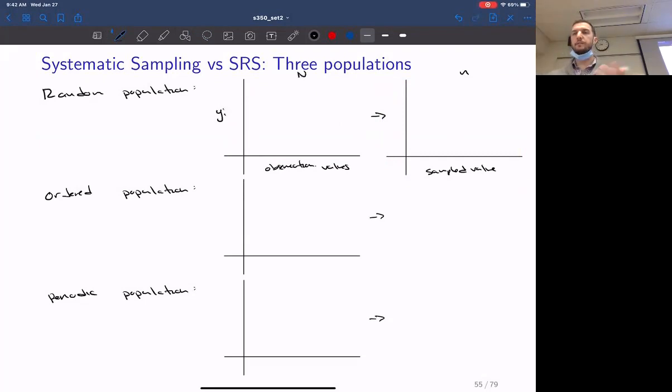Okay, so let's imagine that the first plot is the actual population, and the second plot is the sample. Capital N is just to represent the population, and little n is to represent the sample. The random population is basically going to look like a cloud. I'll just use little dots to represent the values here.